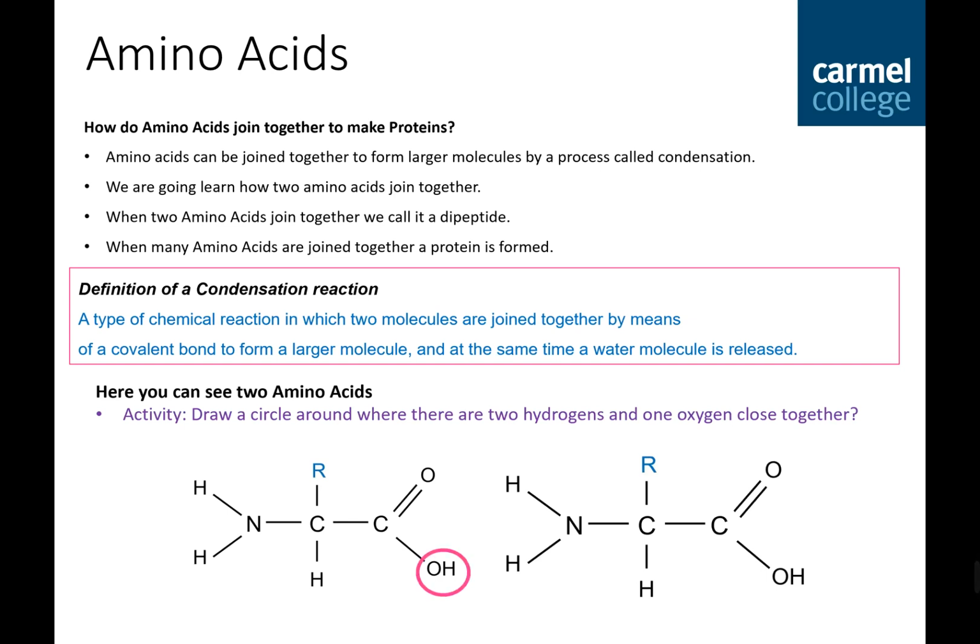You should hopefully have identified that the hydrogen and the second hydrogen and oxygen close together are on the carboxyl group of one amino acid and the amine group of the other amino acid. The hydrogen and the OH will be lost when the bond forms between these two molecules, and that will form a molecule of water, H2O.